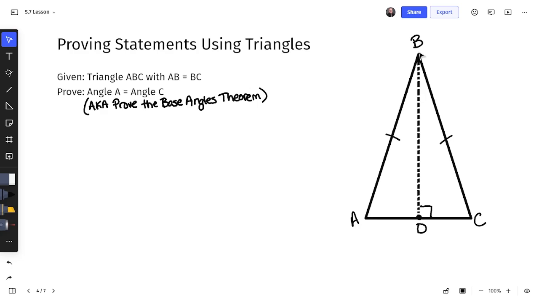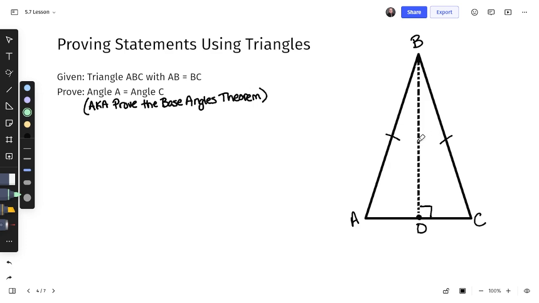So the way that we can prove the base angles theorem here is we can use one of our properties of congruence. We know that side DB is always going to be congruent to itself, and side DB occurs in both triangle ABD and triangle CBD.